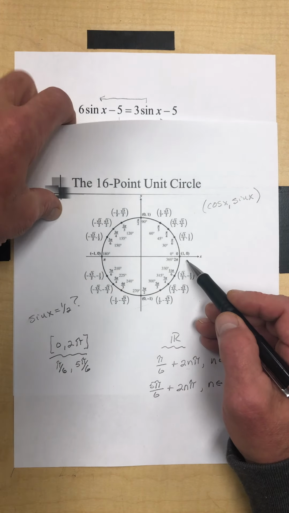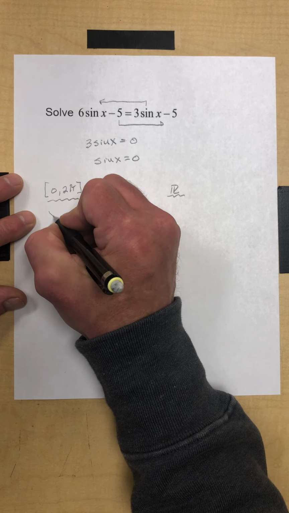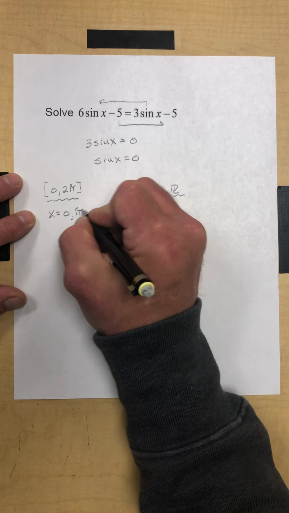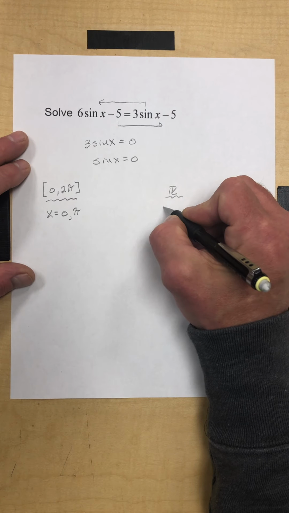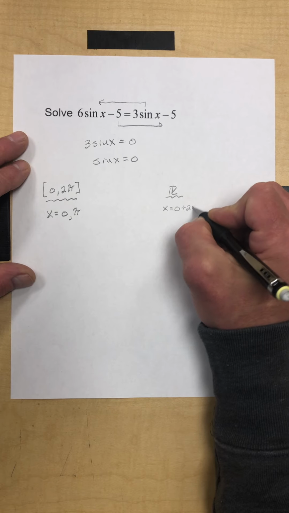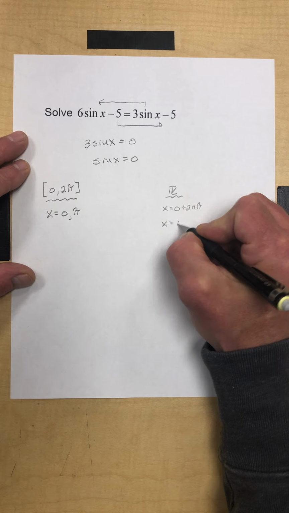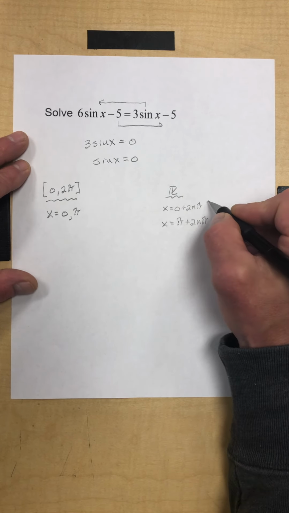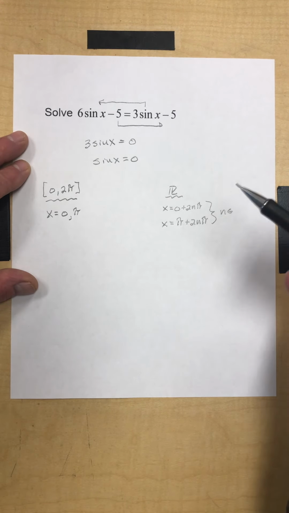So here, my solutions would be x equals 0 or pi. Over here, I get x equals 0 plus 2n pi, and x equals pi plus 2n pi, where obviously n is any integer.